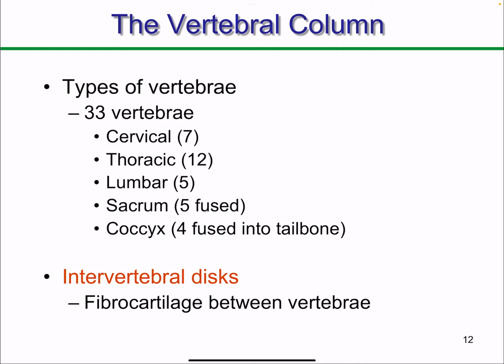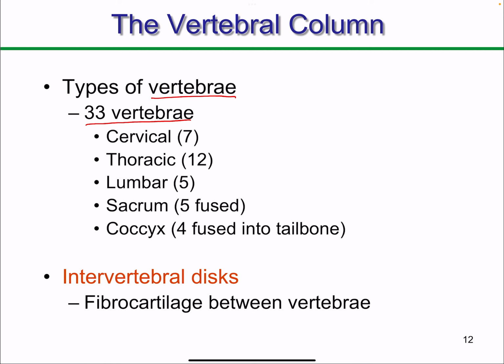Now, how about the vertebrae? Again, we are here diving into the skeleton, right? We just saw the skull. Now we are moving forward. We are diving into the vertebrae. There are 33 vertebrae. These vertebrae are distributed based on their location.